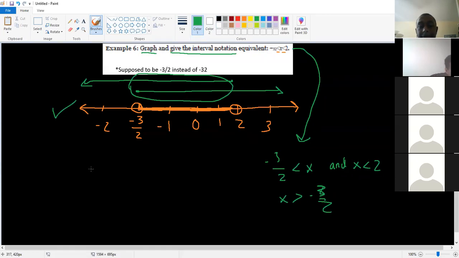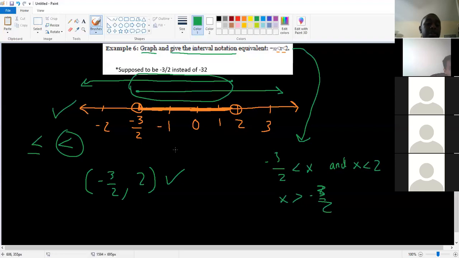It's a parentheses. Yes. What's the first number? -3 over 2. Yes. And comma. You put here 2. And parentheses or bracket? Parentheses. Okay, good. You got everything right. So parentheses, because they're both not included, there's no equal to. It's just strictly greater. So yes, everything's right here.